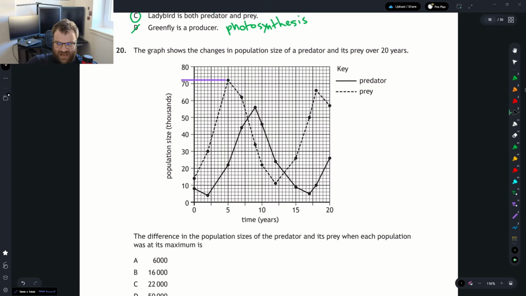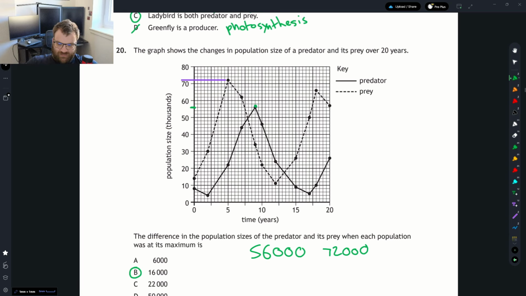So you're looking at their individual maximums, not when the difference between them is the maximum, which is what I thought. So we've got 72,000 for this one. And then this is the point where the predators are at the highest, and that would be 56,000. And when you take those away from one another, that'll give you 16,000 as your answer.